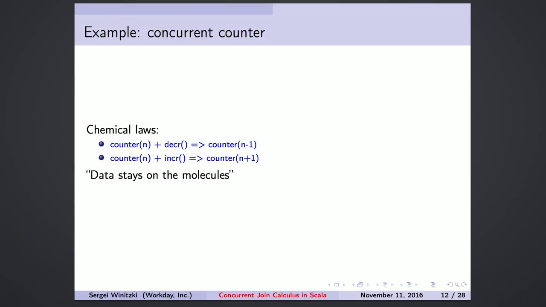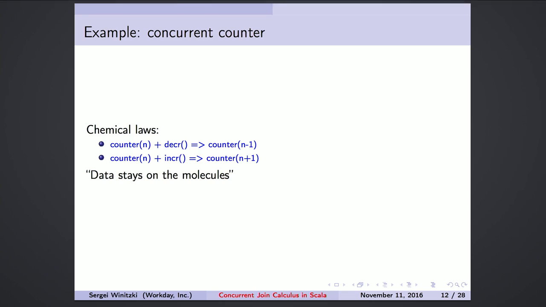Here's the first example, a concurrent counter. So we have a molecule with a counter value n, and molecules to decrement and to increment the counter. These two molecules have an empty value, which means unit type. Each molecule is required to have a type.